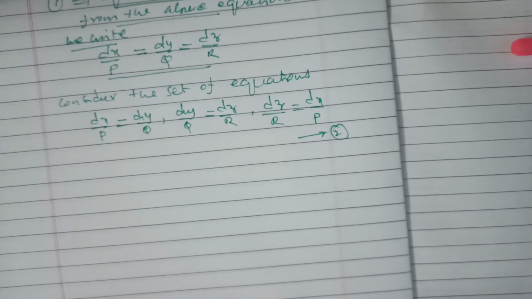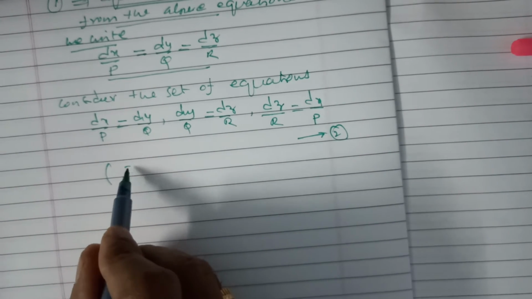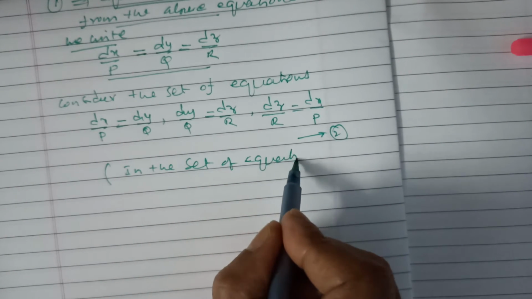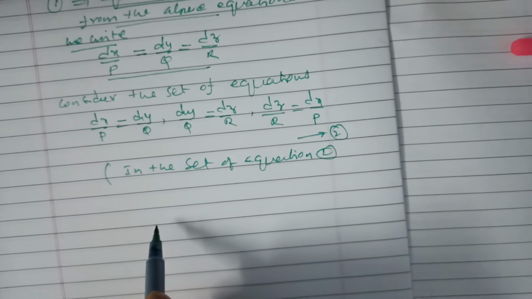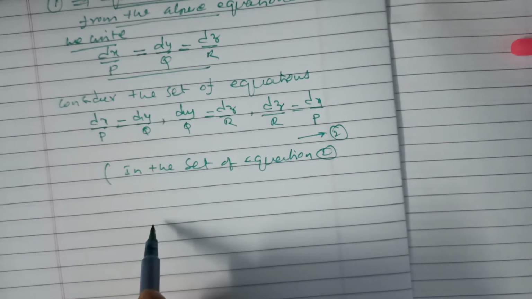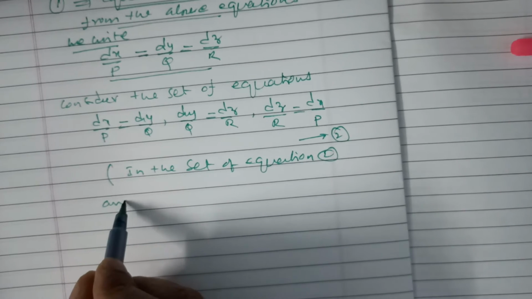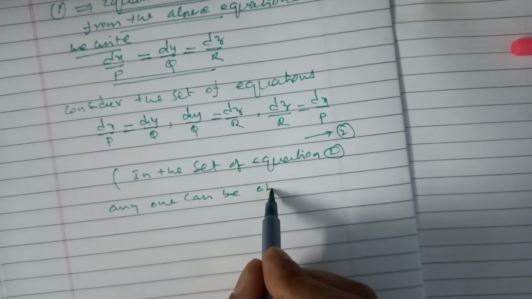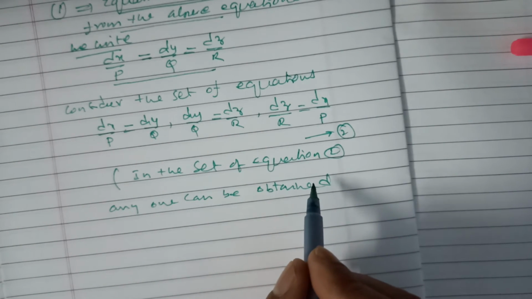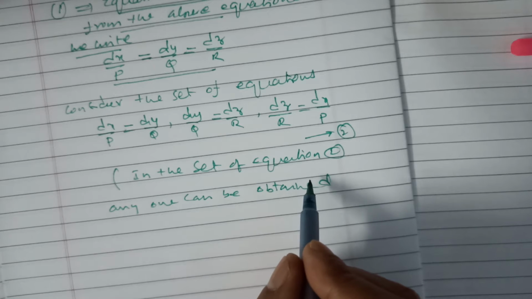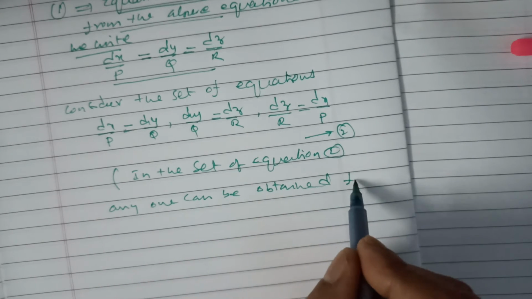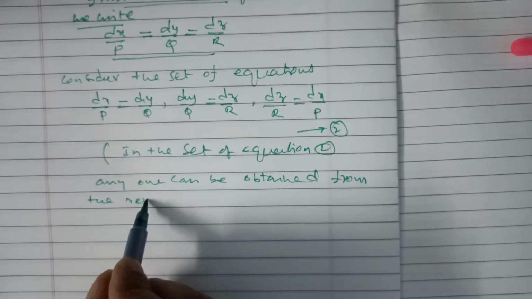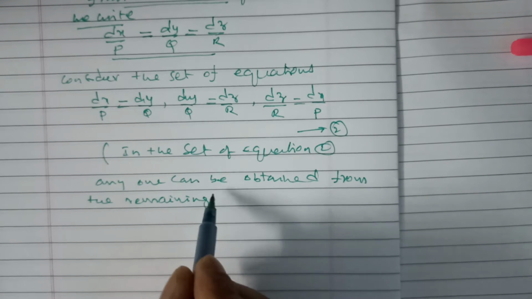In the set of equations 2, any one can be obtained from the remaining two equations.